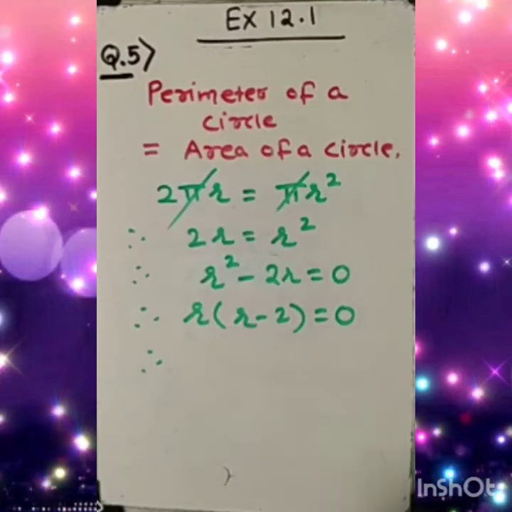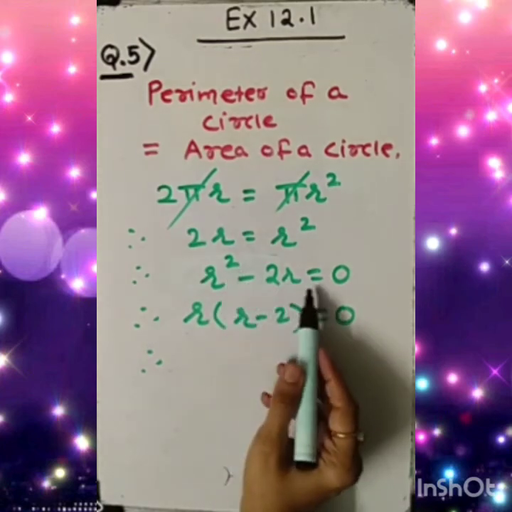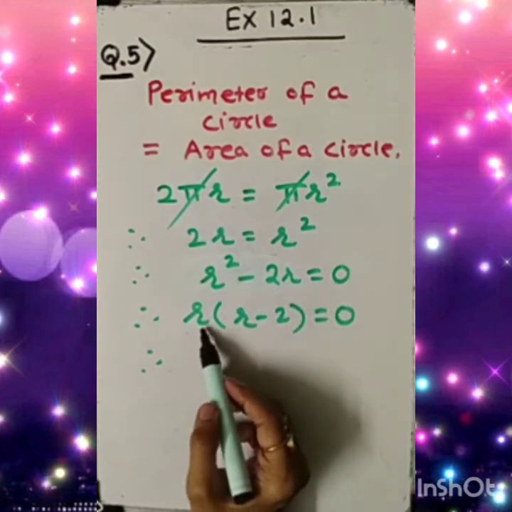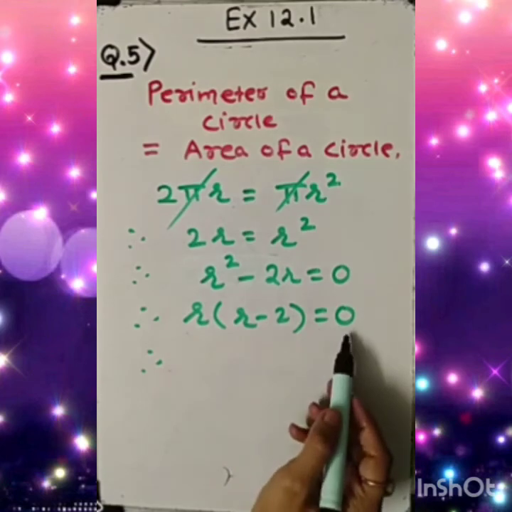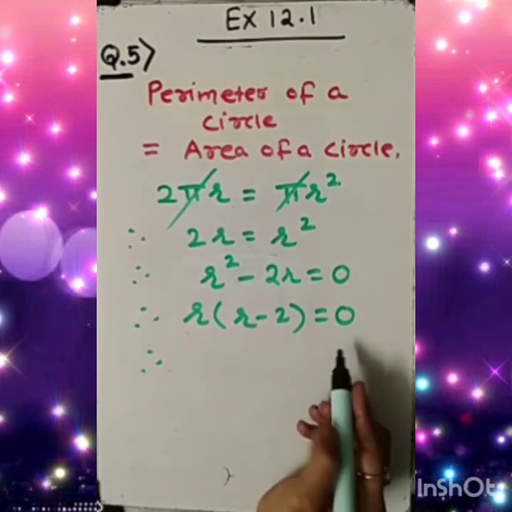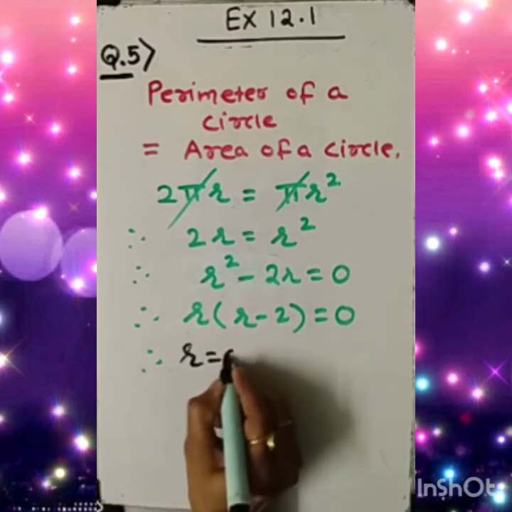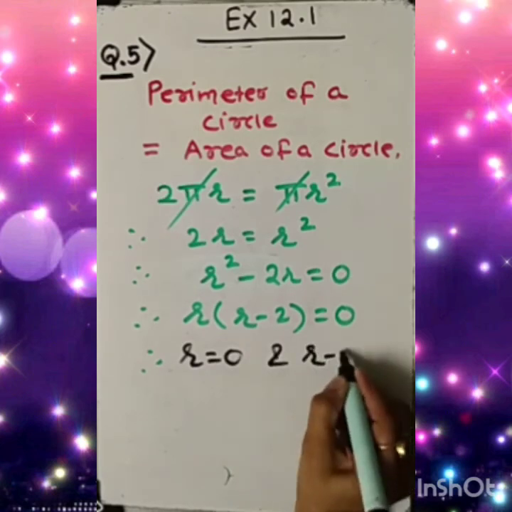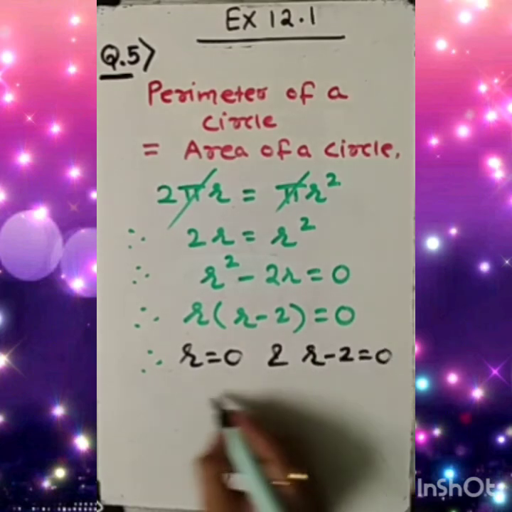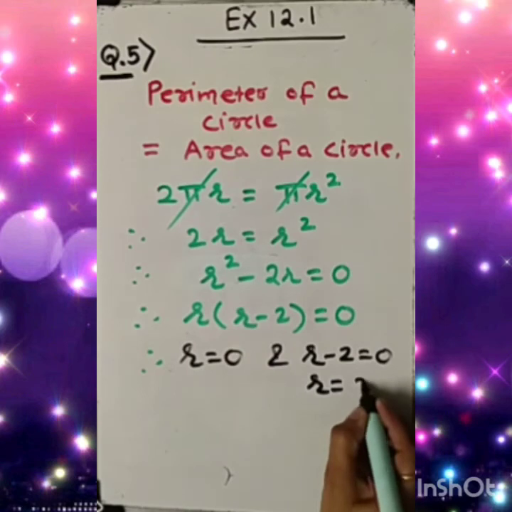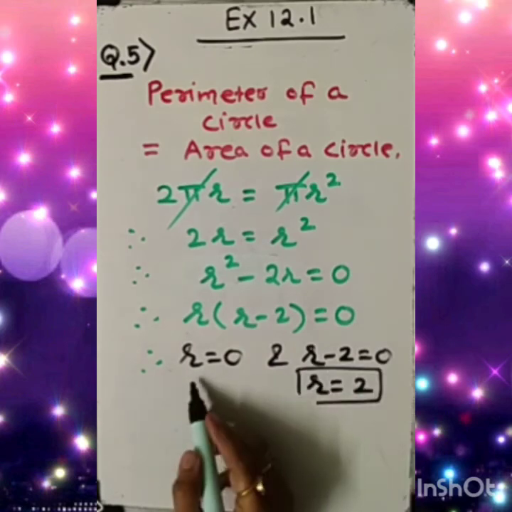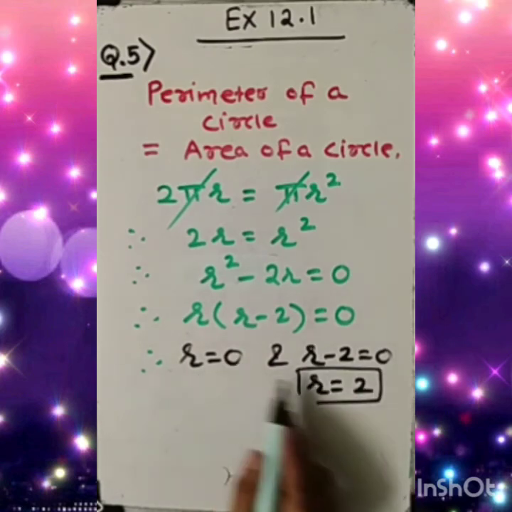So my dear student, r square minus 2r equal to 0, r common, so r into r minus 2 equal to 0. Got it? So r equal to 0 and r minus 2 equal to 0, that means r equal to 2. So the value of r will be 0 and 2 both.